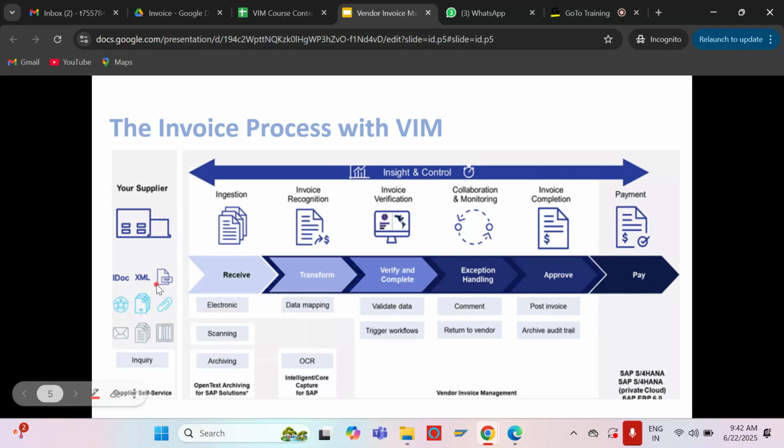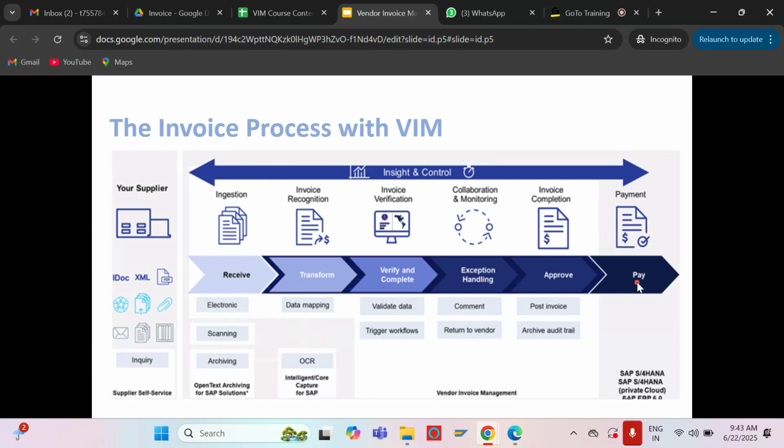Now, once the invoice is received into the system, it will be archived. What does archiving mean? Archiving means the invoice will be saved into the SAP system, so that the same invoice will be referred to at each and every step which you see here.